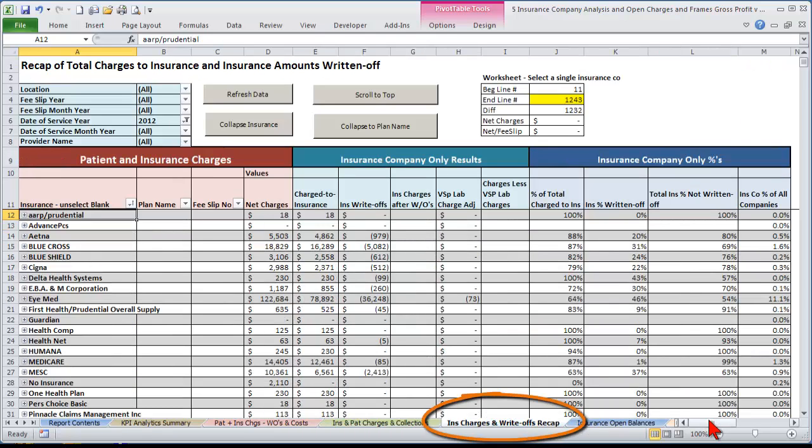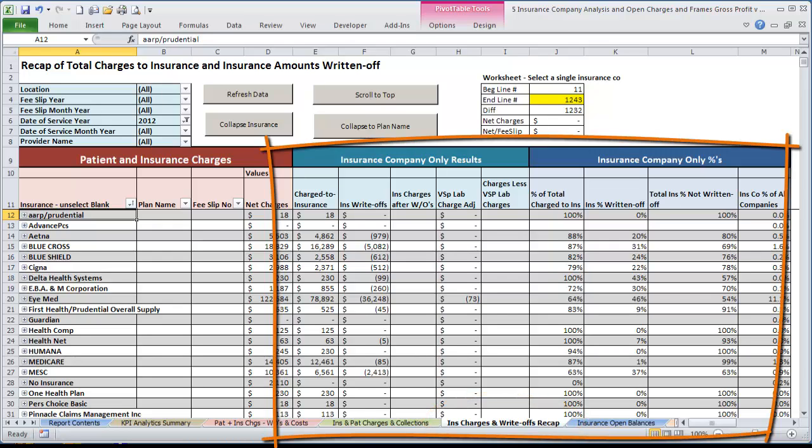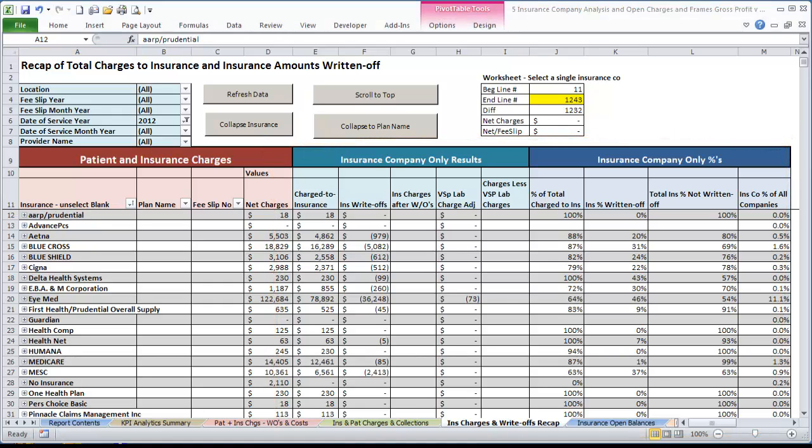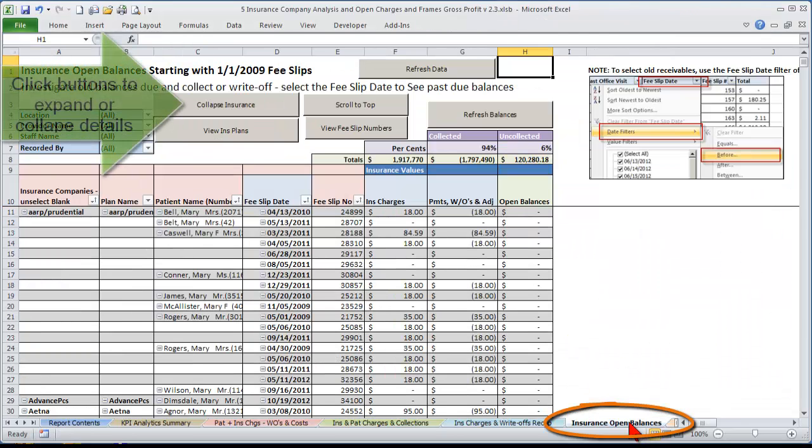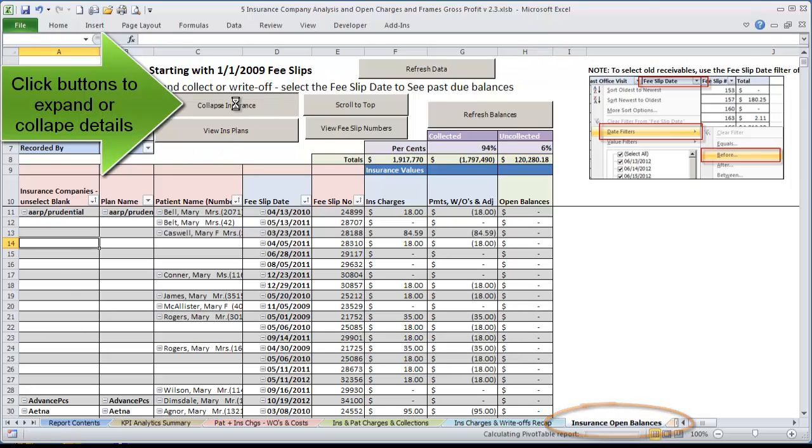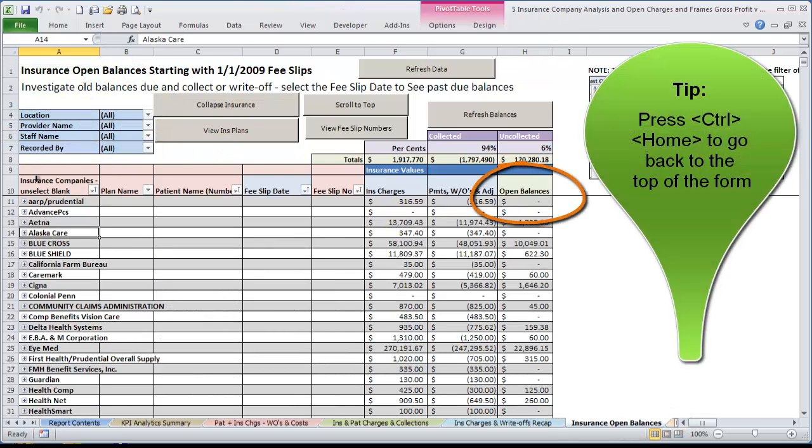The turquoise tab lists net charges and shows the amounts charged to insurance and the amount that is written off, with what percent is written off of your total insurance charges. The Insurance Open Balances tab is the accounts receivable by insurance company with details.